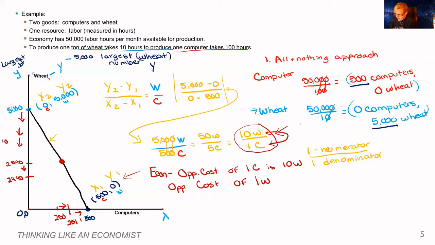So the opportunity cost of 1 wheat is 1 over 10, which is 1/10 of a computer. So that shows me that if I want to produce more wheat, if I want to go from the origin up, then I'm automatically coming in 1/10 of a step. It's how these two axes are working together. So this is my completed answer now that I have the opportunity cost of both products.